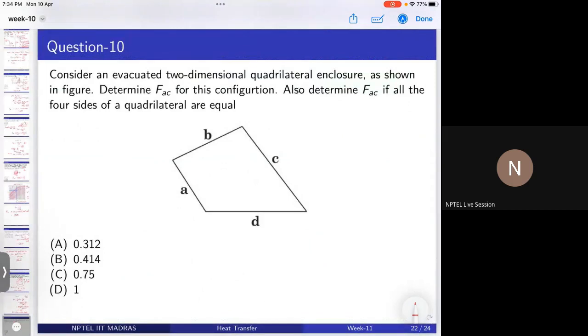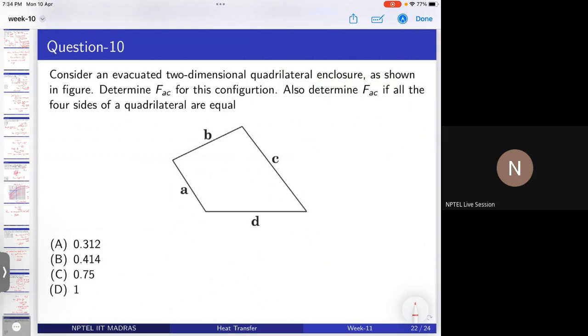Okay, we will move on to the last question. Consider an evacuated two-dimensional quadrilateral enclosure as shown in the figure. We have to determine the FAC for the quadrilateral. Also determine FAC if all four sides of the quadrilateral are equal. You can use the triangular method that I already discussed in the previous question.